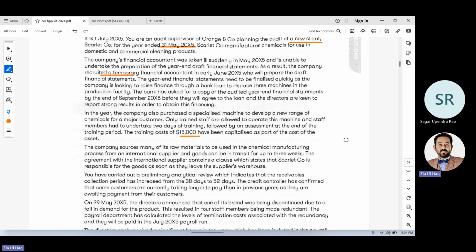The company sources many of its raw materials from an international supplier, which can be in transit for up to 3 weeks. So the company is purchasing raw material from an international supplier and it takes 3 weeks to deliver goods to the company.